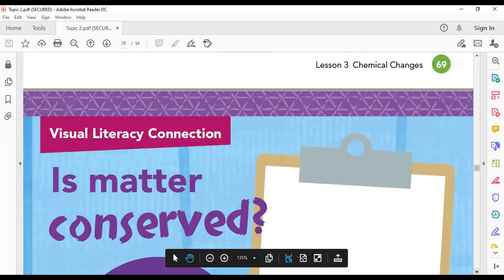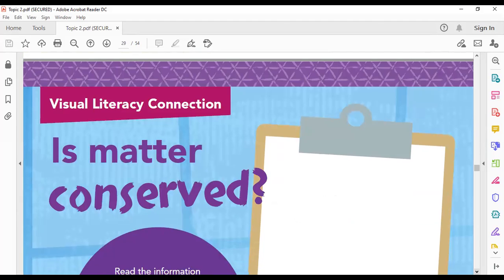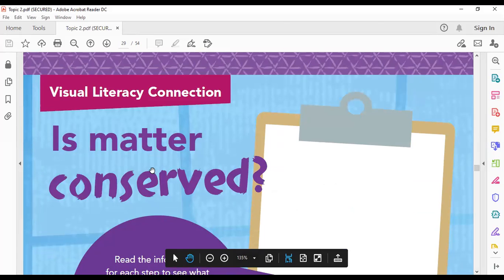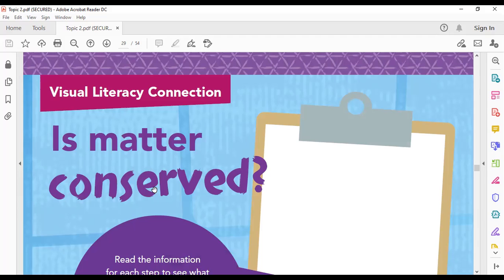This exercise is an example of how matter is conserved in a chemical change. The question is, is matter conserved? Yes, of course. Matter is conserved because according to the law of conservation of matter, mass is never created or destroyed, or the total mass before and after the chemical change remains the same.